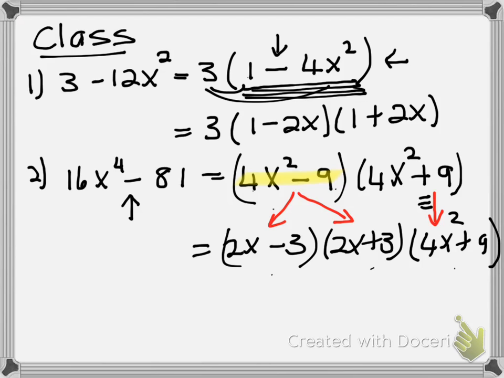Let me just get to the next one. Alright, the next one on the class exercise is, got to change my color here. The next one is x plus 2 squared minus y squared. Now, this is really like a squared minus b squared. It's a difference between two squares, right?